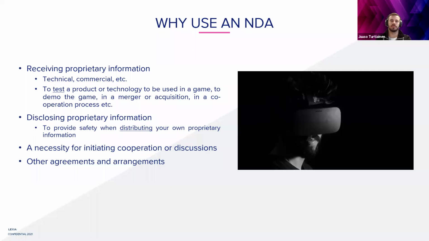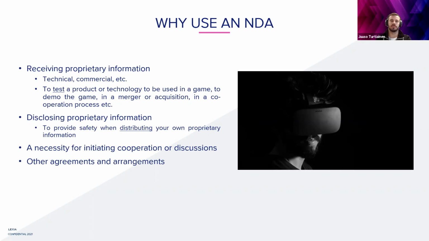As said, disclosing provides the proprietary information. The NDA provides safety, so that you have at least a safety net, with an agreement in place to govern the relationship and for what purpose the confidential information should be used, what confidential information should be shared, what is considered confidential information, and what happens, for example, when you terminate the agreement.